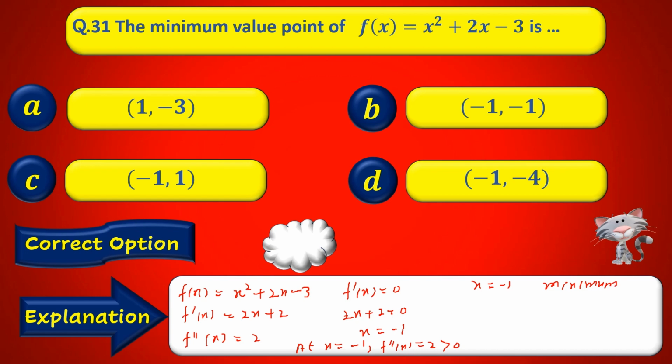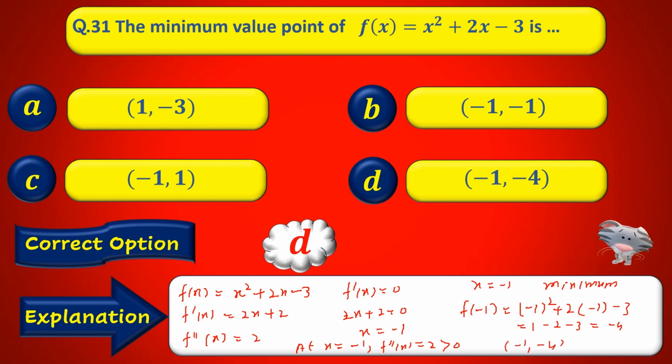Now we find the minimum value. Put x is equal to minus 1 in given function: minus 1 whole square plus 2 into minus 1 minus 3, 1 minus 2 minus 3, minus 4. So minus 1, minus 4 is the correct option, which is option D. Question 32.